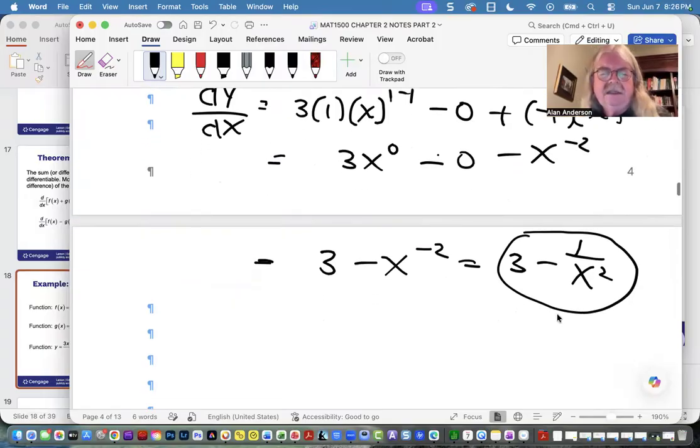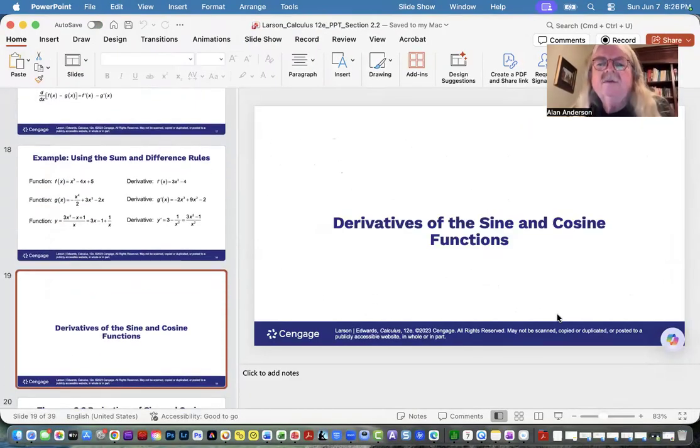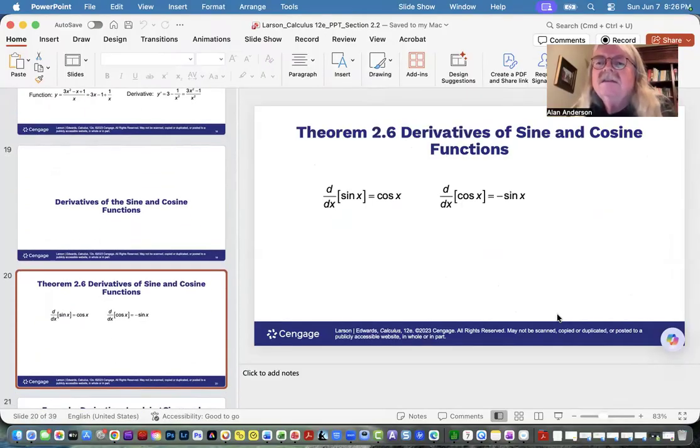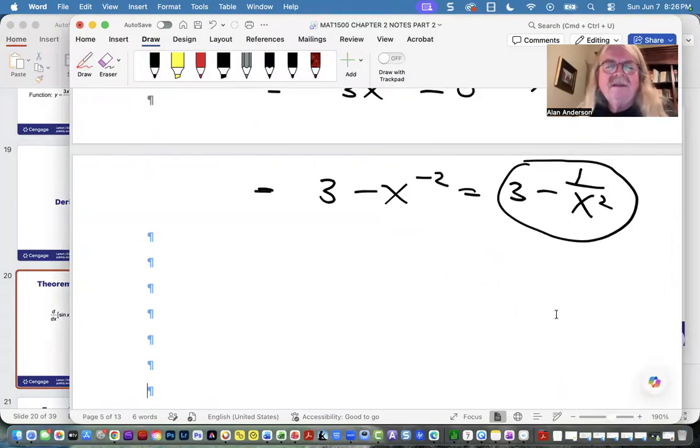All right. I think that might be it for now. They're going to, okay, no. What they're doing is they're showing us some quick trig derivatives. There are quite a few of them, but the two most basic ones, the ones you'll see most often, are right here.